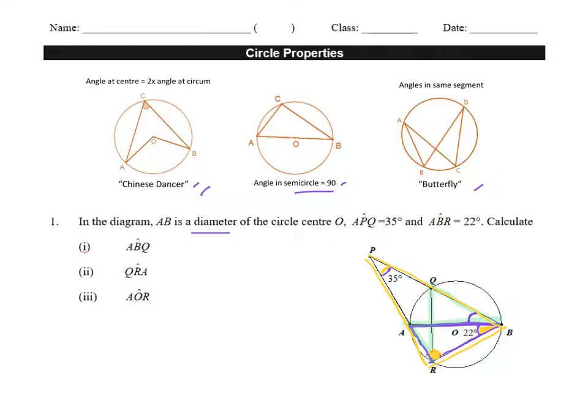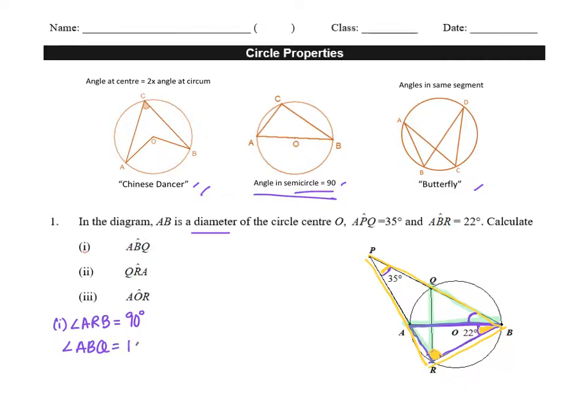So let us begin with our angle properties. Number one, before we begin, angle ARB is 90 degrees. Why is that so? Because by property number 2, angles in the semicircle are 90 degrees. And then now I want to find angle ABQ.